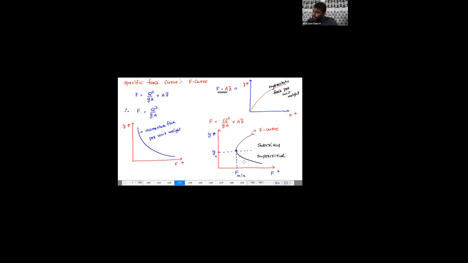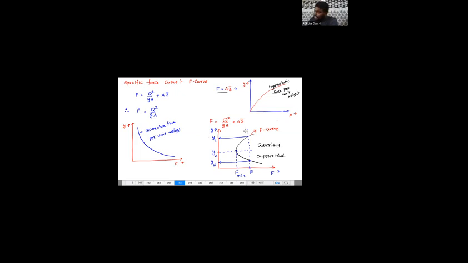Now you see, next point, for any specific force other than F minimum, if I drop a line, there exist two depths. One is a supercritical flow depth, let's take it as Y1, and the other one is going to be Y2, the subcritical depth.